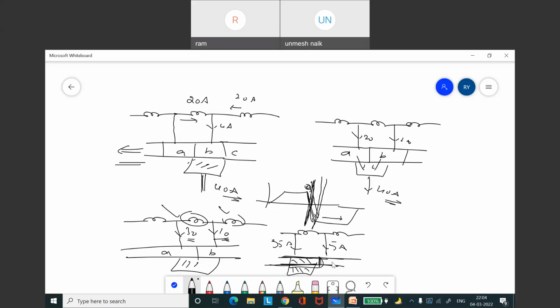See, this 5 amps is going into the B segment, but the B segment is not connected to it, right? So this 5 amperes has to be taken out. It will flow through this air gap.